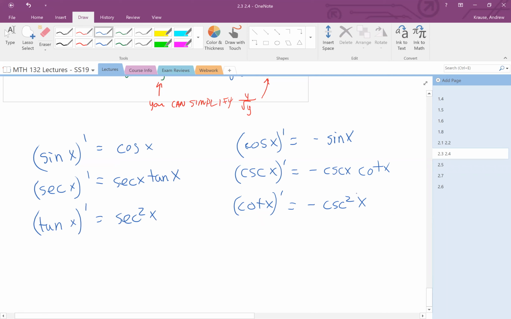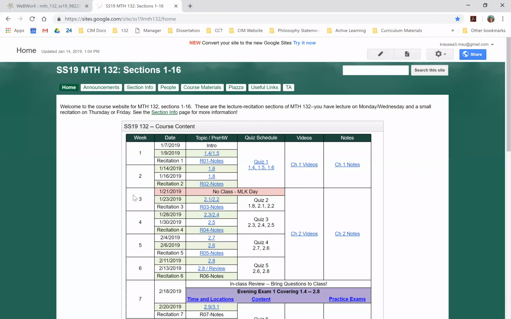On 2.4, we didn't get through as much of the limit ratio stuff with like the sine of x over x. There's a nice lecture video on the more lecture videos. Let me see if I can get that to you on the course website. I can change my sharing. So let's share this screen here.